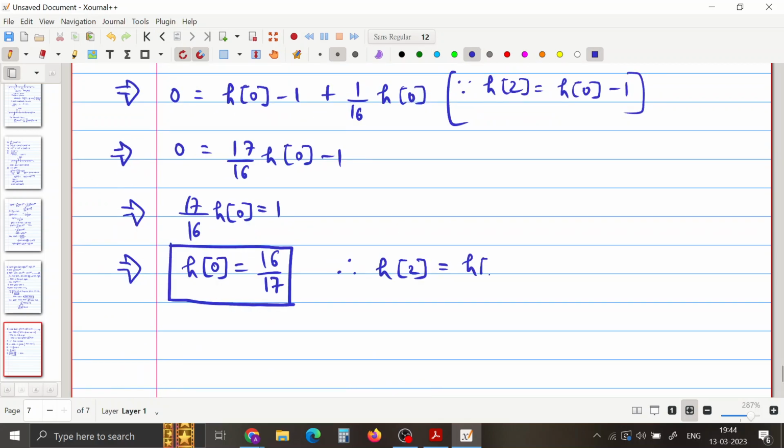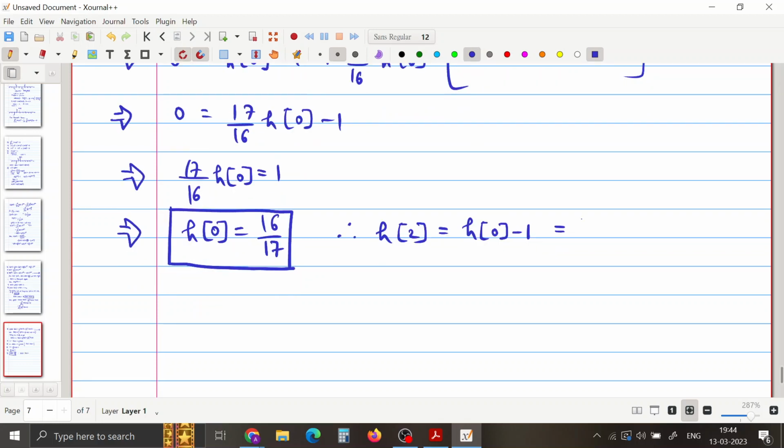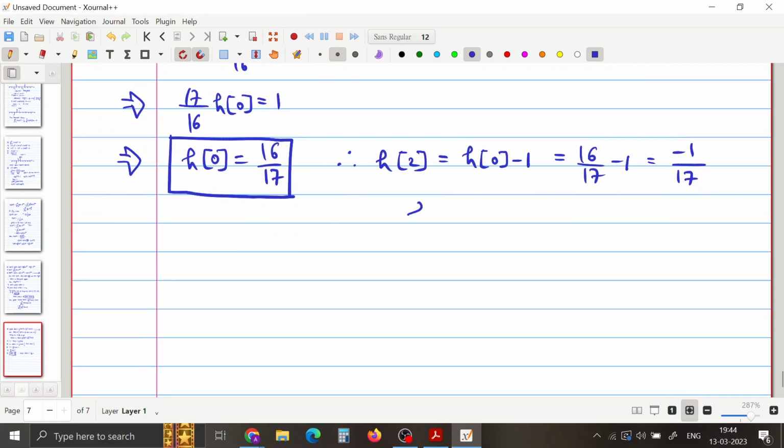Just subtracting 1, it will be minus 1 by 17, sorry, 17. Good. So h of 2 is minus 1 by 17.